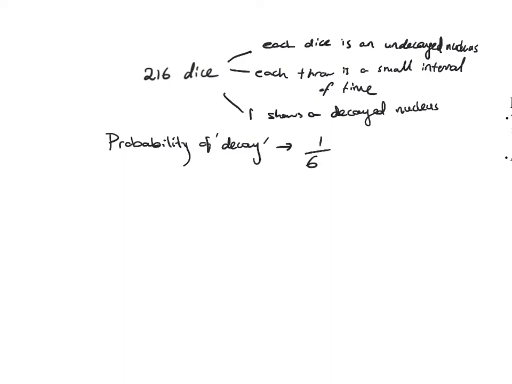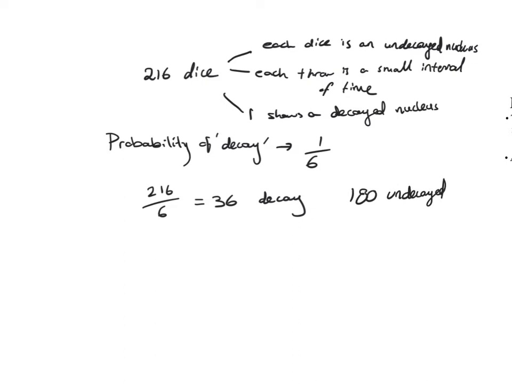So when I throw the first 216, so for my first throw, when I throw the 216 dice, a sixth of them will decay. So I'll get about 36 dice will decay, which will leave me with 180 undecayed.